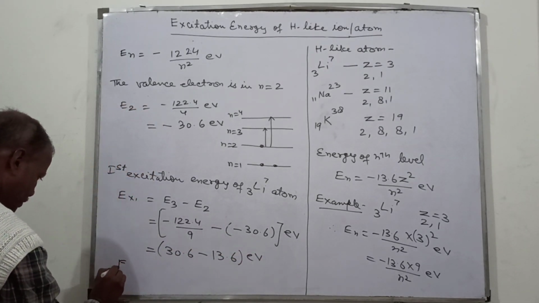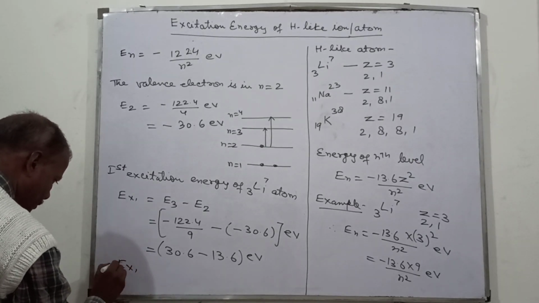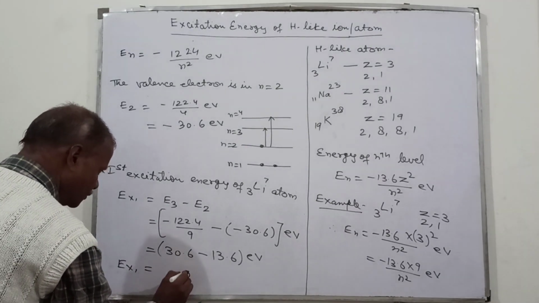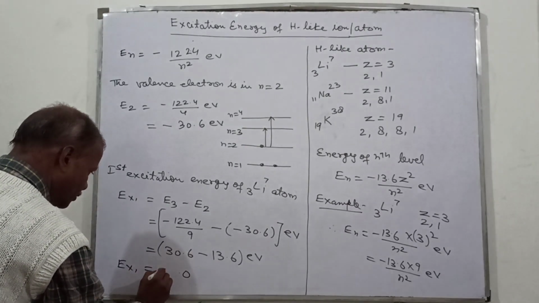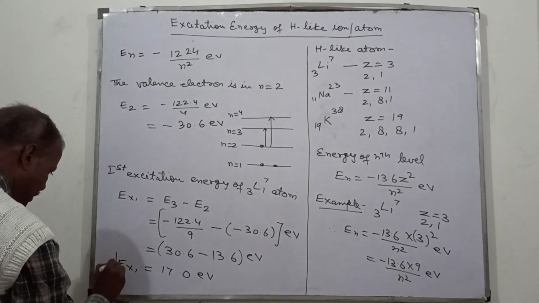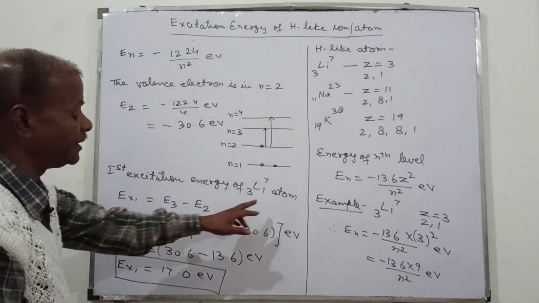So this EX1 is equal to how much? EX1 is equal to, now we subtract, so this is now your 0 point and this is now your 17, so much electron volt. This is for lithium atom.